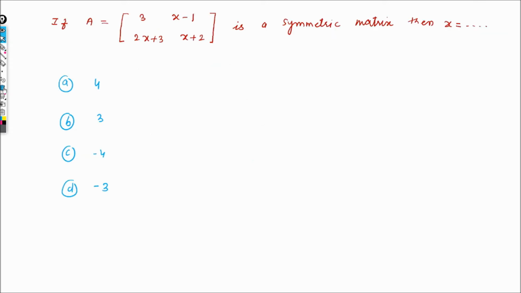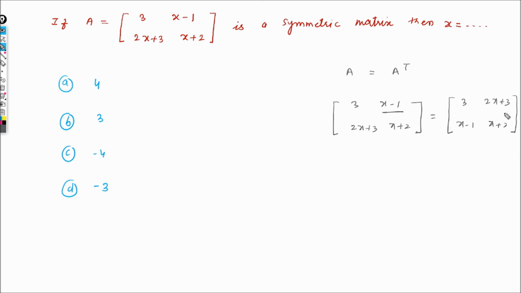If A is a symmetric matrix, then A is equal to transpose of A. The given matrix is this: 3x minus 1, 2x plus 3, x plus 2. If we take its transpose here, interchanging rows to columns, 3x minus 1, 2x plus 3.